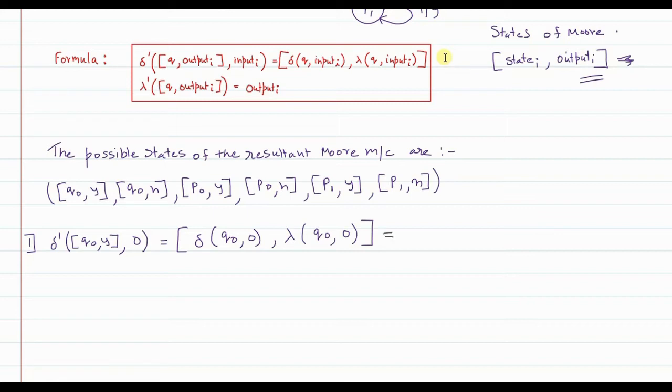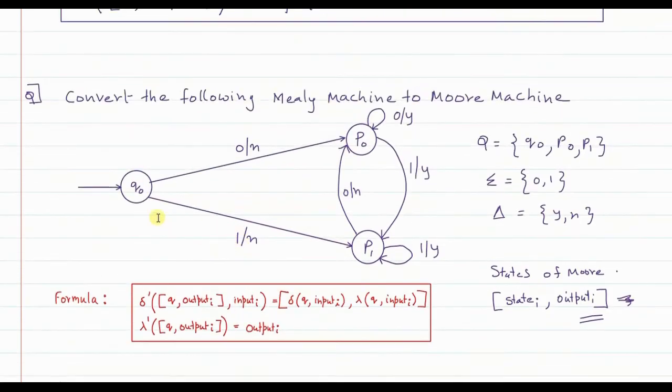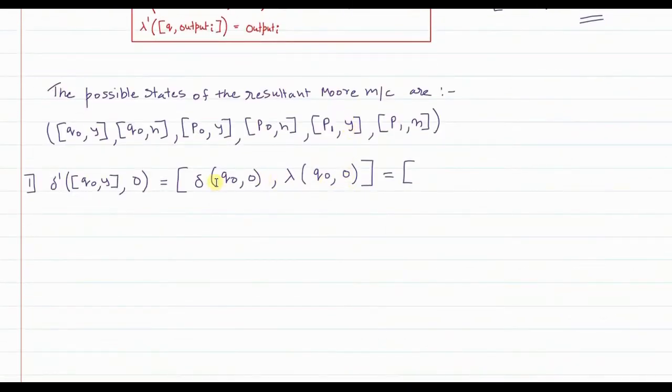This can be further written as, now remember students, del is a transition function. Transition function always gives you the new state. So you have to look at the diagram and find out the new state we reach from Q0 when we read 0. From Q0 when 0 is read, we go to P0 state. So del of Q0 comma 0 happens to be P0.